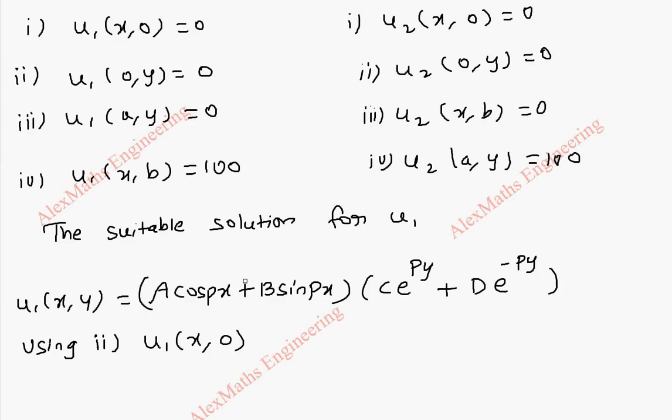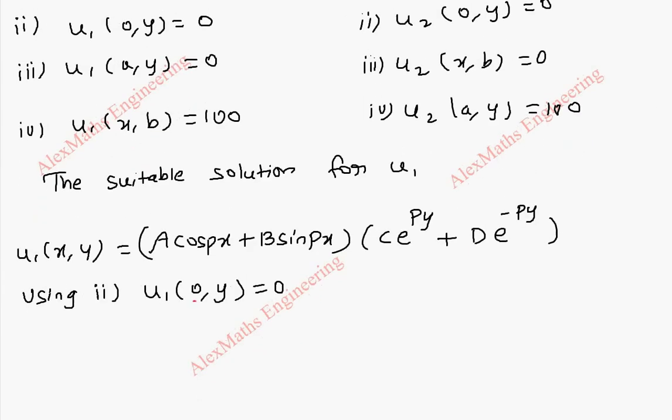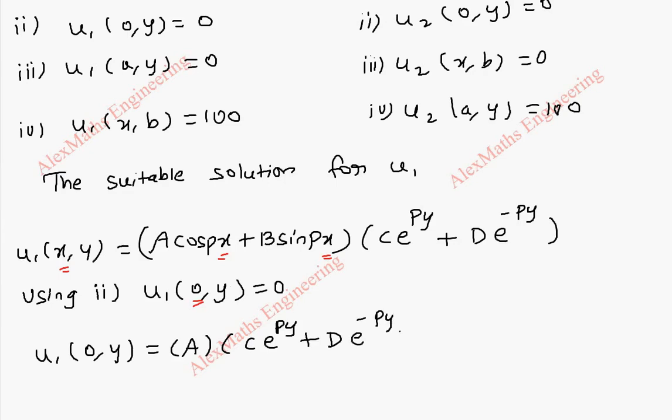This condition we have written in a different order, but when we use it, we have to take it in a proper order. So I have to use the second condition, 0 comma y. So this is 0. Wherever x is there, we have to substitute 0. So here, here and here. So u1 of 0 comma y will be a, cos 0 is 1, sin 0 is 0. So we have only a left, and here it is c e power py plus d e power minus py.